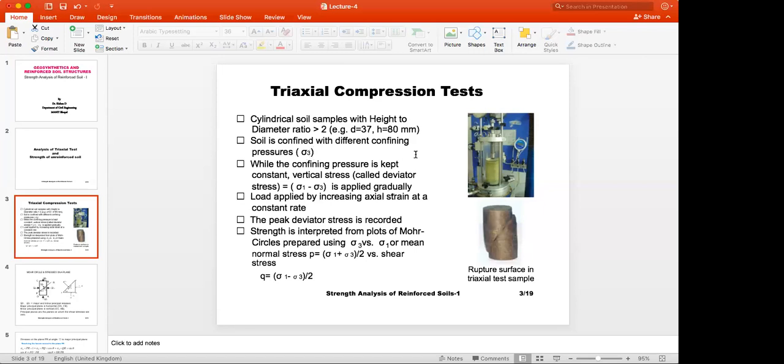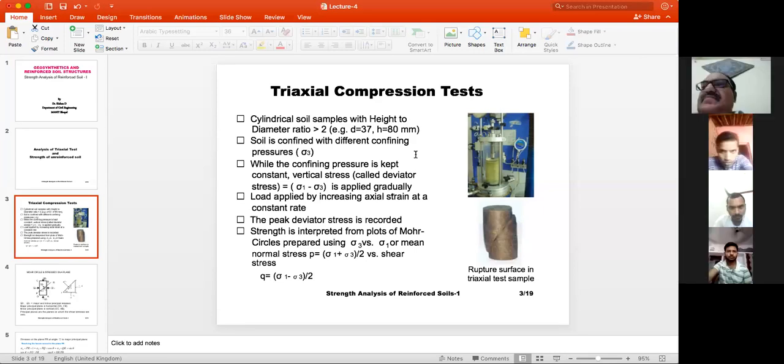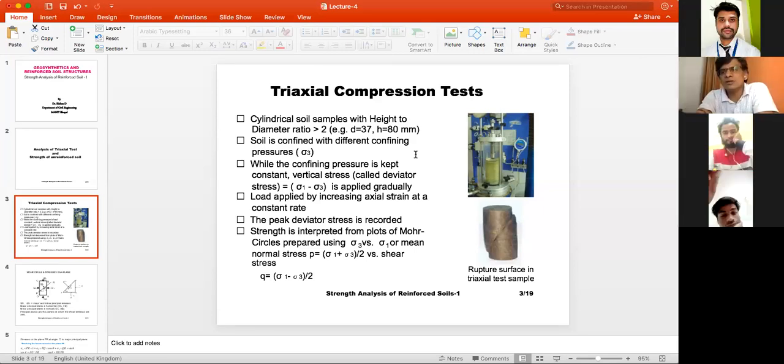Why we apply the cell pressure is, as you recall, when you collect the sample from the field, the sample is already under overburden pressure as well as confining pressure. Suppose you are collecting the sample at 1 meter depth, the overburden pressure is the density of the soil multiplied by the depth of the strata.